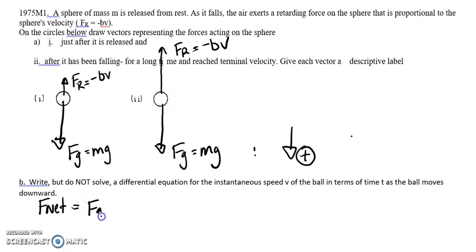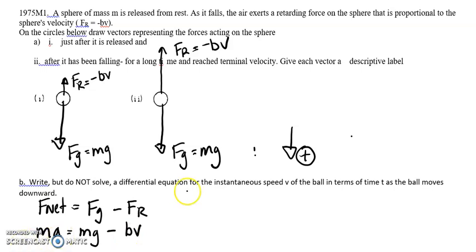So we have gravity, take away the retarding force. F net we know is always equal to ma. Fg we know is mg in this case, and it looks like it's small m. Take away air resistance, the retarding force, bv. I didn't add a negative sign in there because I don't want gravity and Fr to have the same sign. I want them to have opposite signs because they're pointing in opposite directions. Cool. So I have that.